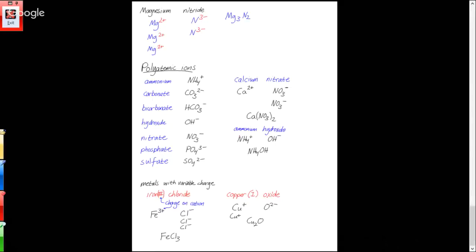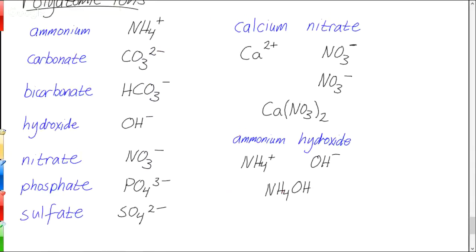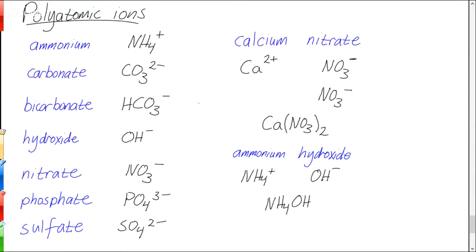There we go. So there's your list of polyatomic ions. So you need to know the name and the formula and the charge for each one, and then how to put them into compounds together properly. Yeah, make sure you have that list. This is all on Blackboard.